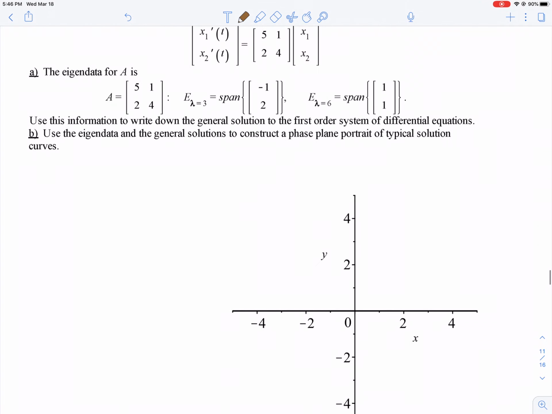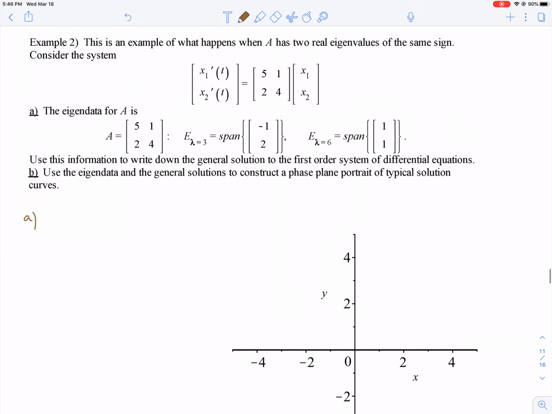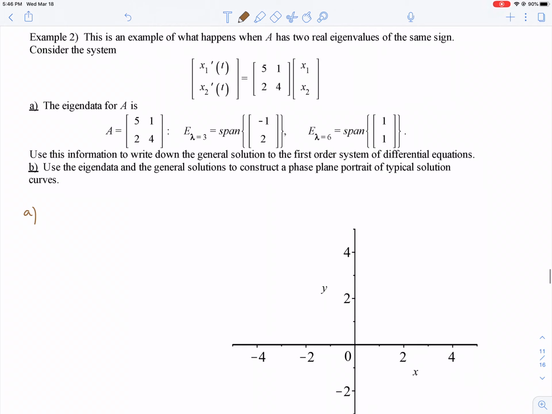So now let's write down the general solution for the first order system of differential equations. Again, it'll be all linear combinations of e to the lambda t v for these two eigenpairs. So we get C1 e to the 3t times minus 1, 2 plus C2 e to the 6t times 1, 1.